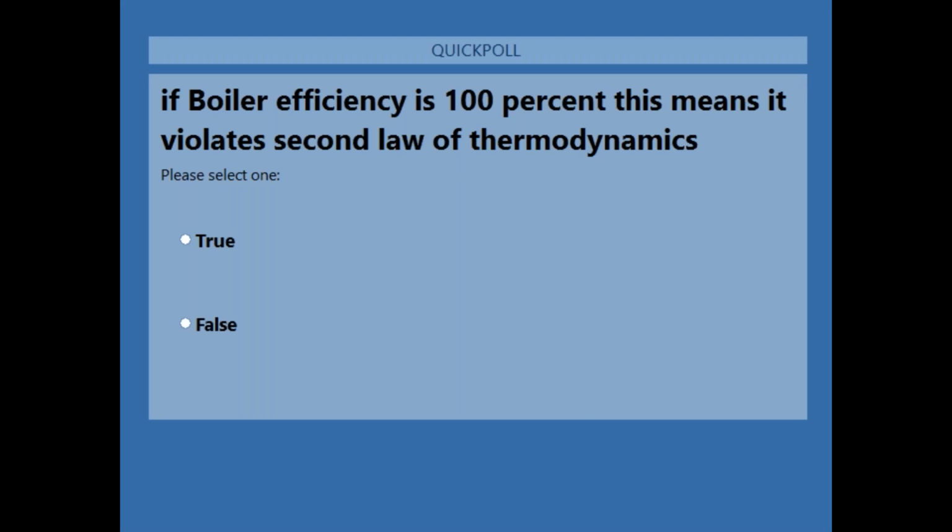If you are given false as an option, please write your names in the questions column. Those who feel that it is false, please write your names.